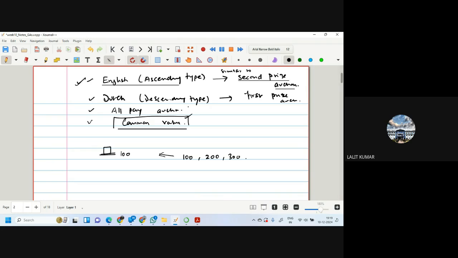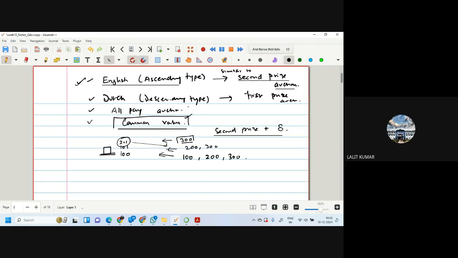The next bid comes at 101, so only 200 and 300 remain. Now it comes to 201, so only 300 remains and wins the bid. How much is he paying? Only 201. So he is paying the second price plus some delta. That's why the ascending type is similar to a second price auction.